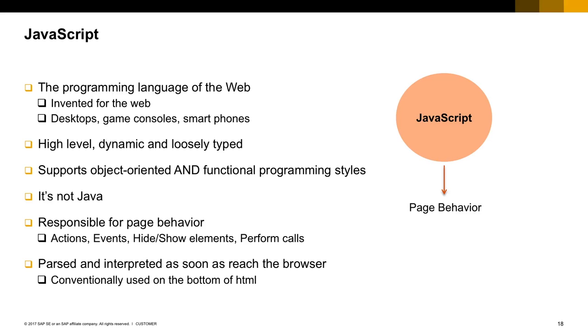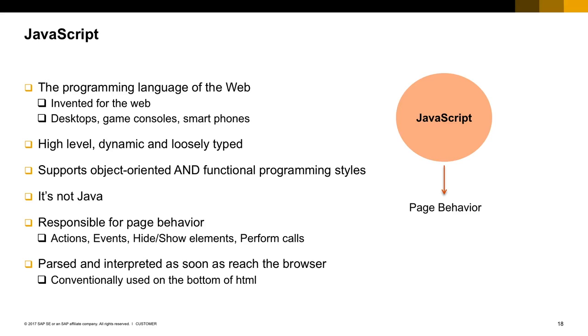So when you want to manipulate actions, listen to events, hide and show elements, there are several things that you can do with JavaScript. It's important to mention that the content of the JavaScript is always parsed as soon as it reaches the browser. For that reason, it's important to have this code placed at the bottom of the HTML.